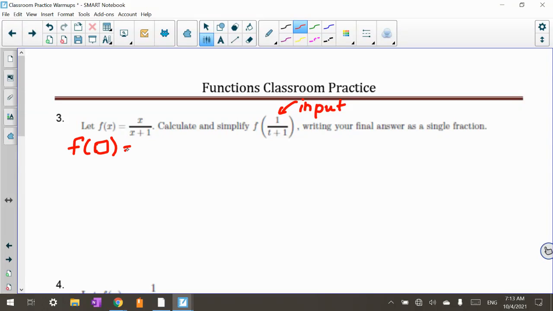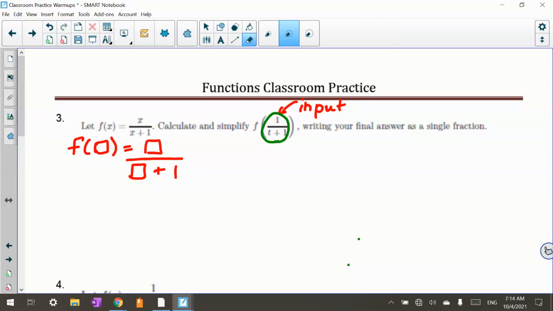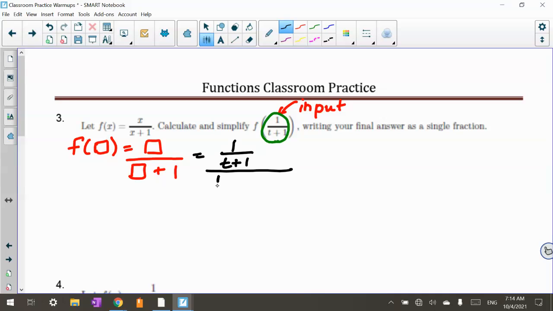We'll call it f of box equals box over box plus 1. In each box, I have to put 1 over t plus 1. That's what they want us to do. They said that's my input, and they want to know what the output is. So that's going to equal, ready, 1 over t plus 1, so I put that in the top box, over 1 over t plus 1 plus 1.